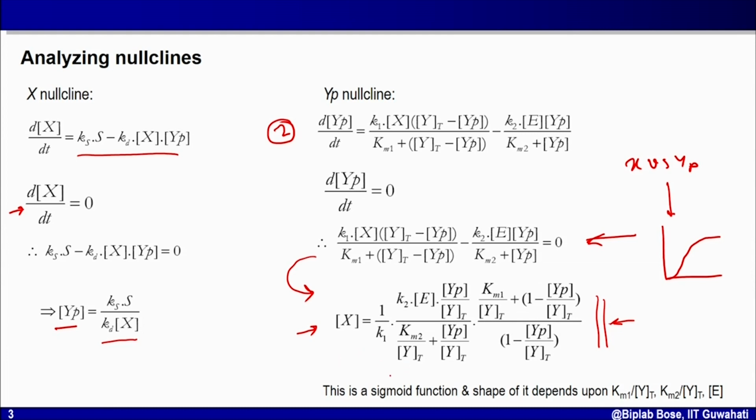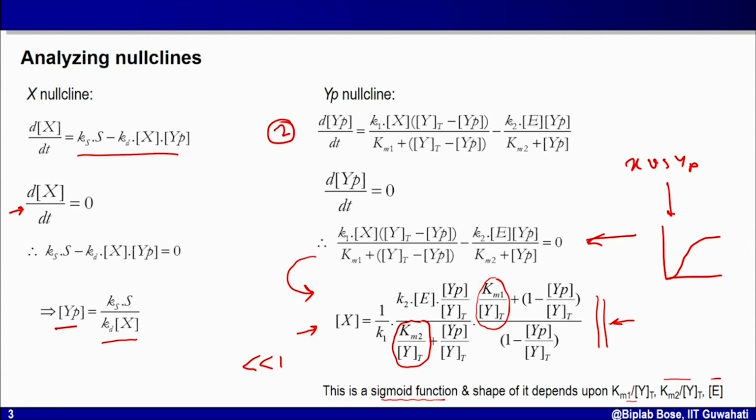So this function of Yp for X is a sigmoidal function, and the shape of this sigmoid depends upon the values of Km1 by Yt and Km2 by Yt and E. When Km1 by Yt and Km2 by Yt are much smaller than 1, then this sigmoid behavior becomes very steep, very sharp.